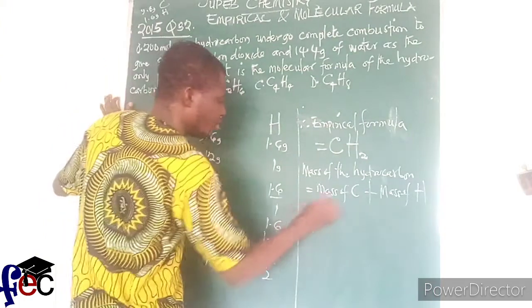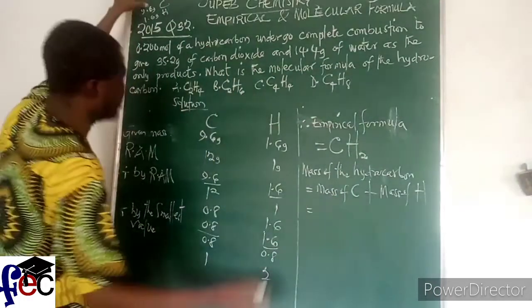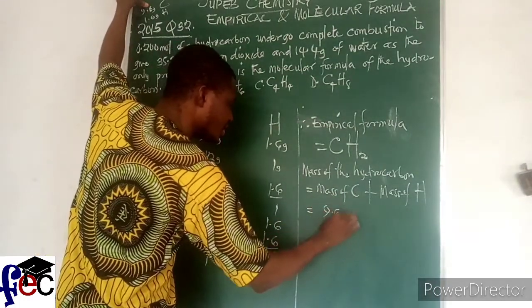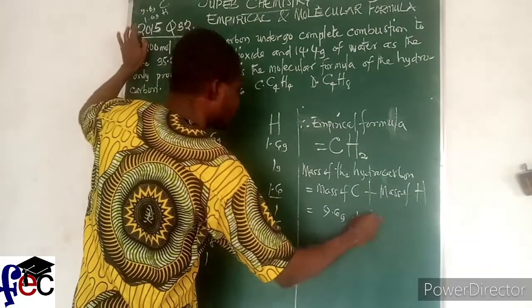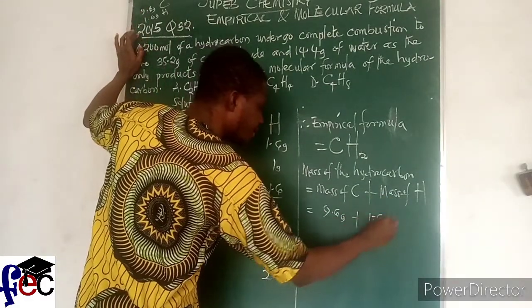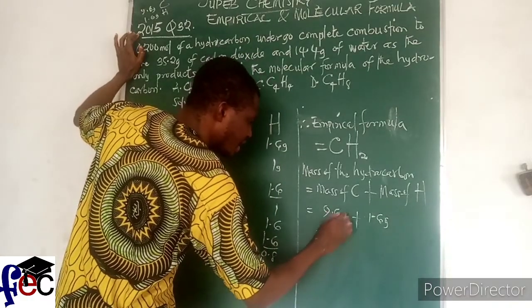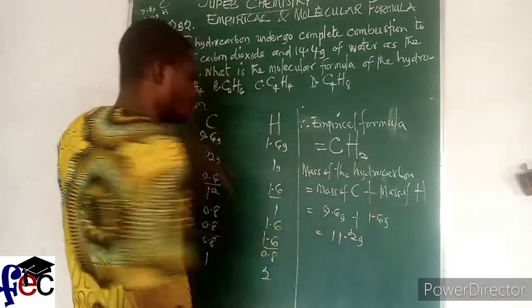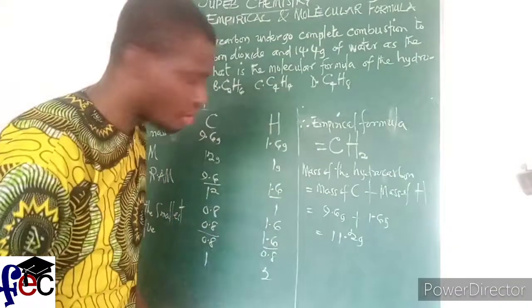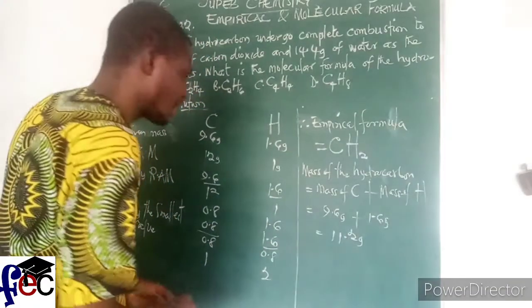Carbon and hydrogen. What is the mass of carbon? Remember, we got it here to be 9.6 gram. What is the mass of hydrogen? We got it to be 1.6 gram. If you add it all together, that will give us what? That's 11.2 gram. So we have 11.2 gram of the hydrocarbon.